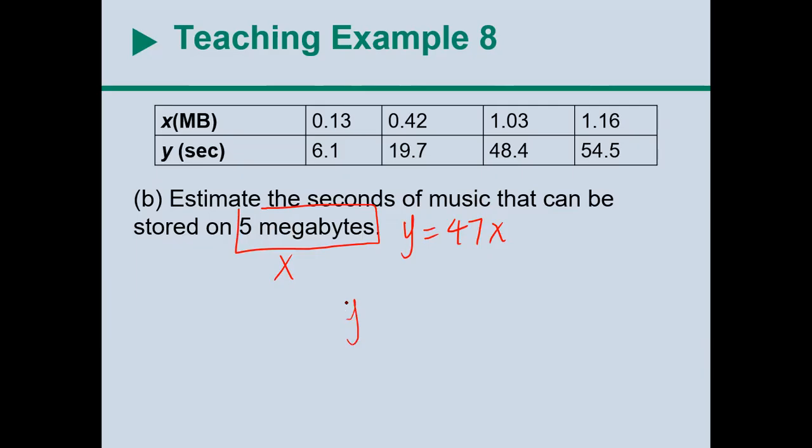So I have y equals 47 times 5, and I get 235. So we know y equals 235 seconds. So if the song is 5 megabytes long, it's going to take 235 seconds. I mean, if I have 5 megabytes of storage, I have 235 seconds of song I can store.